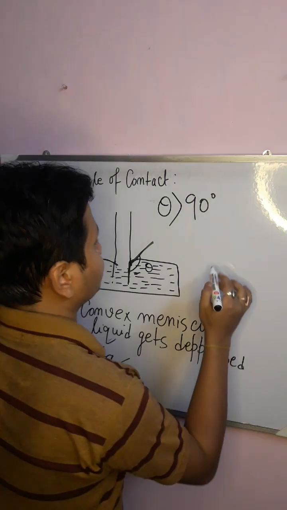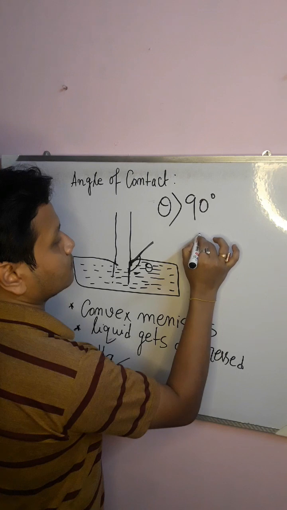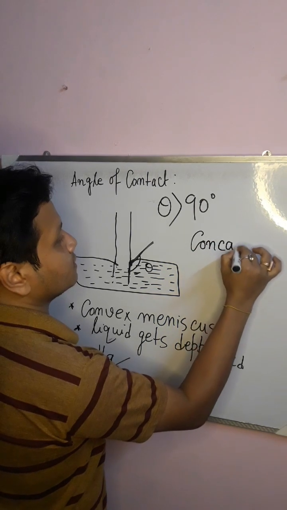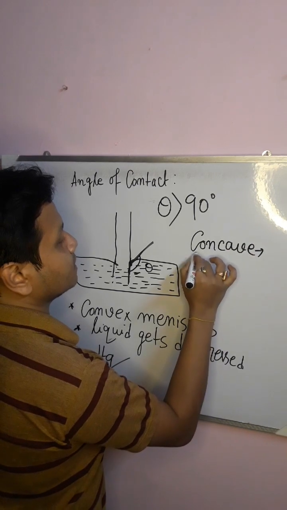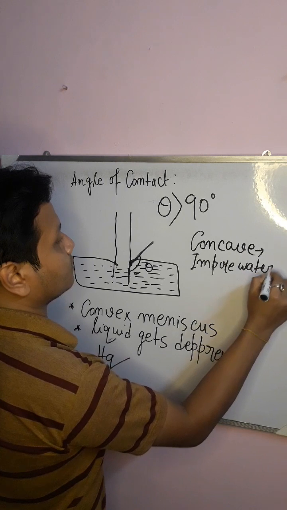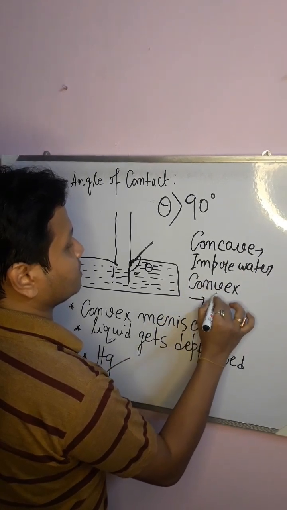And remember the familiar example for a concave meniscus is impure water, and for a convex meniscus the familiar example is mercury.